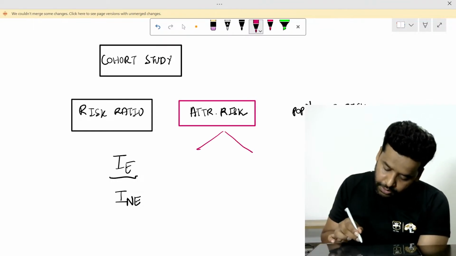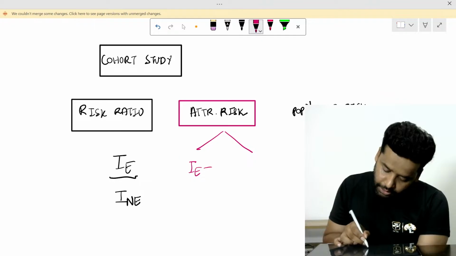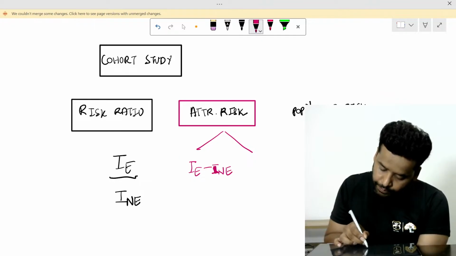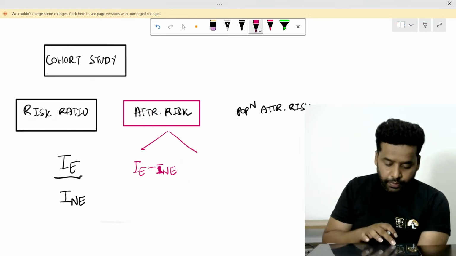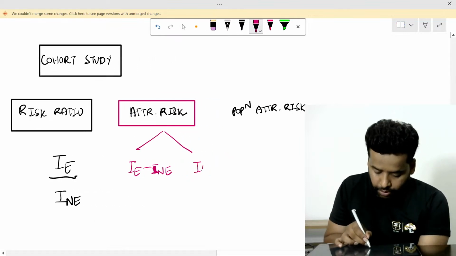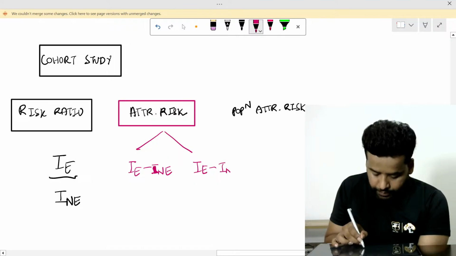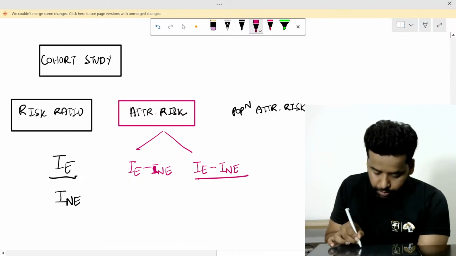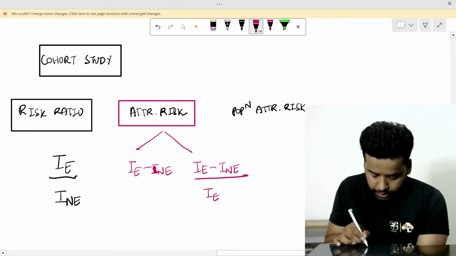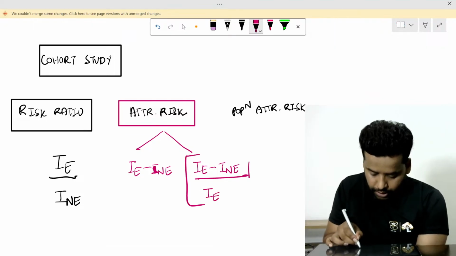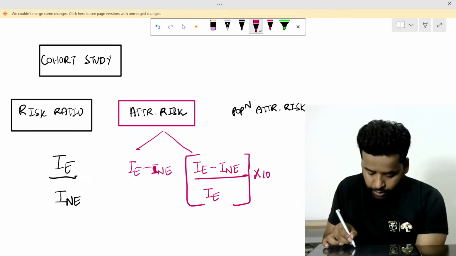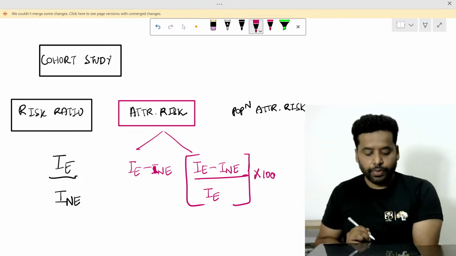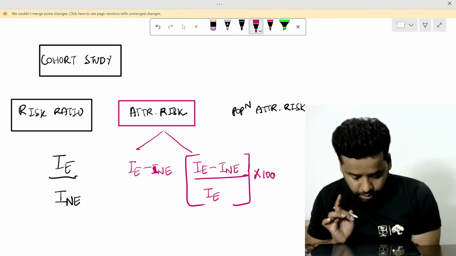Either you can use risk difference, where you subtract two things, or you can use this formula where you want to express it in percentage: incidence in exposed minus non-exposed, divided by exposed, multiplied by 100. If I want to express it in proportion, then you can use this formula also.